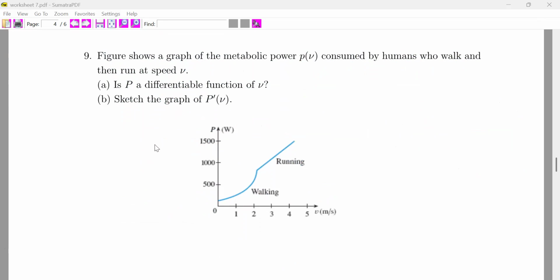So the answer for A is, since the graph has a corner at a speed a little bit after 2, because if this is 2, it's a little bit after 2. So since we have a corner at, let's say, v equals 2.2 meters per second, it is not differentiable.